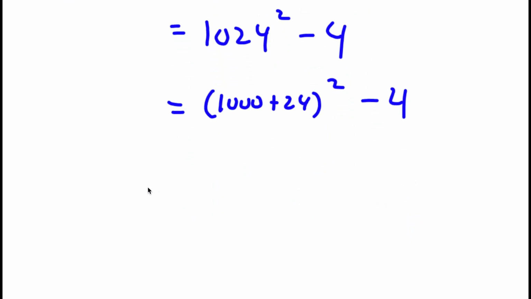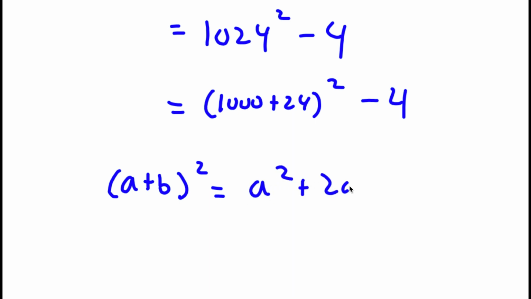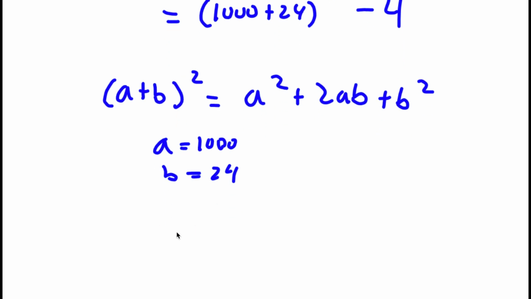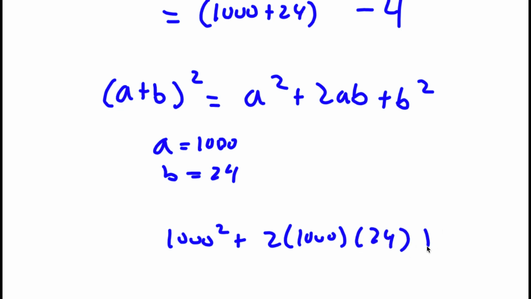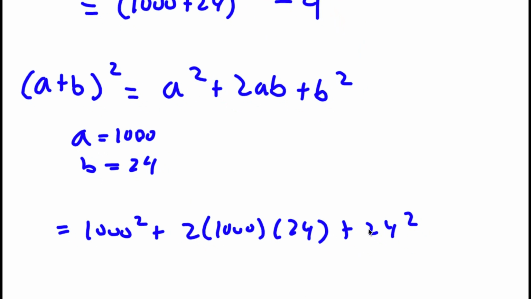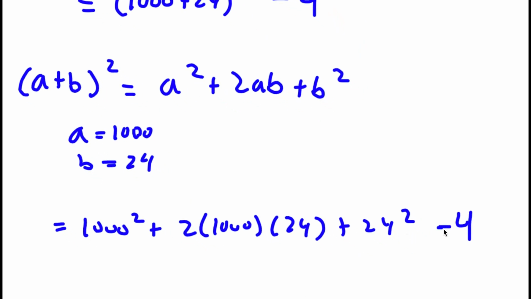Now, if I have something in the form a plus b squared, this is equal to a squared plus 2ab plus b squared. In this case, a is equal to 1000 and b is equal to 24. So I have 1000 squared plus 2 times 1000 times 24 plus 24 squared. And then I have my minus 4 at the end.